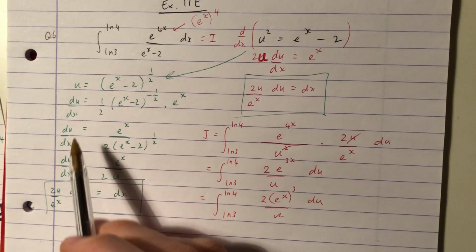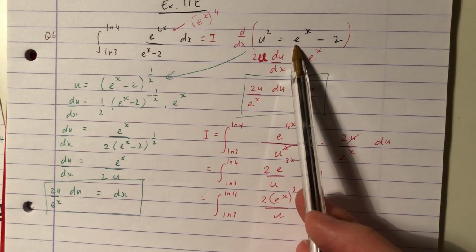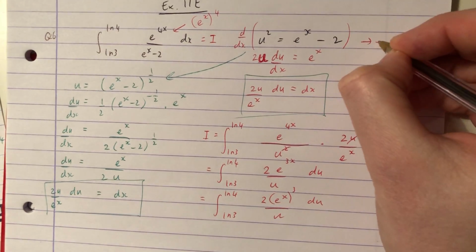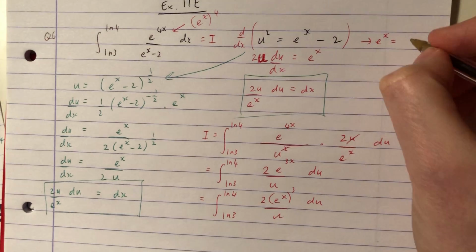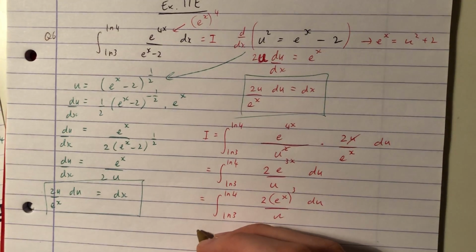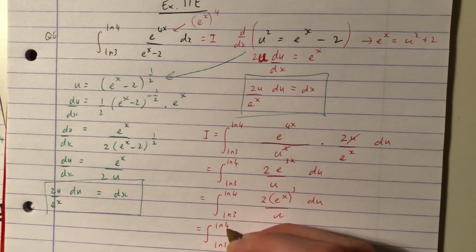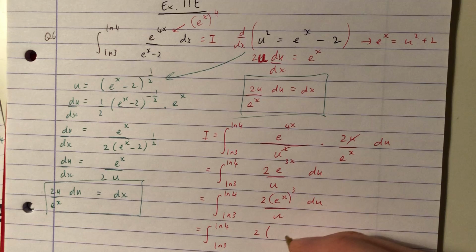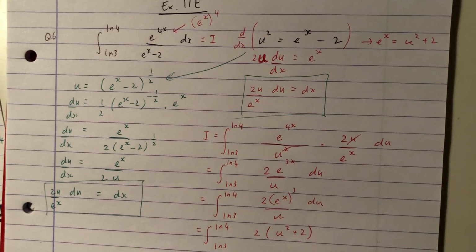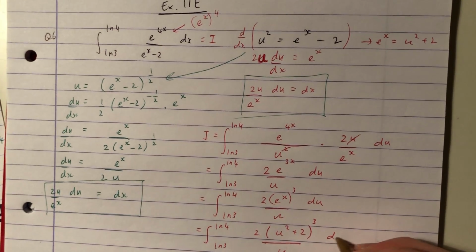And then from the initial substitution, if I made e to the x the subject, that's the same as u squared plus 2. So this would be the same as integrating between ln 3 and ln 4 two lots of u squared plus 2 to the power of 3 over u du.